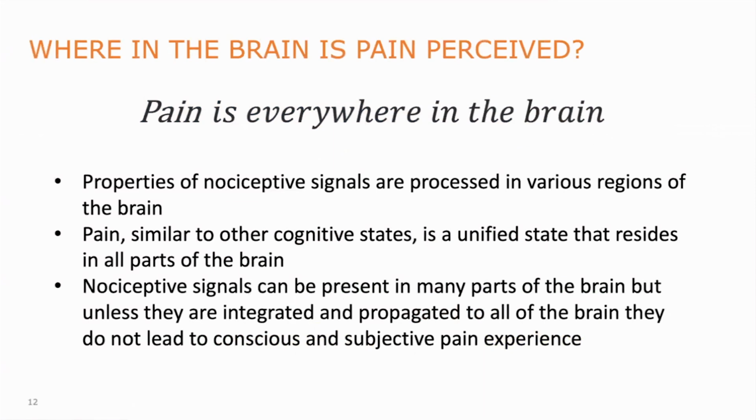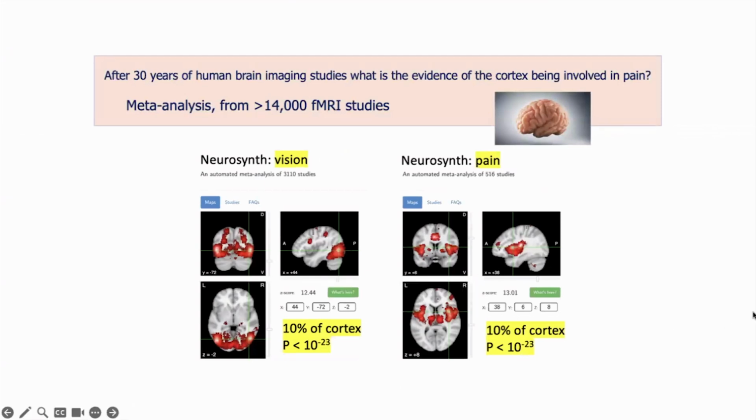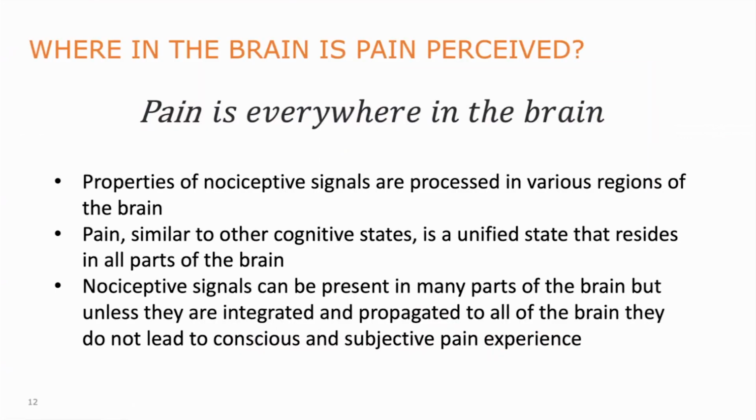So then another question that comes up is, where in the brain is pain perceived? There are no nociceptive-specific columns in the cortex. Although, as I showed you in the slide, there are definitely brain areas that are more dedicated to processing nociceptive information than others.